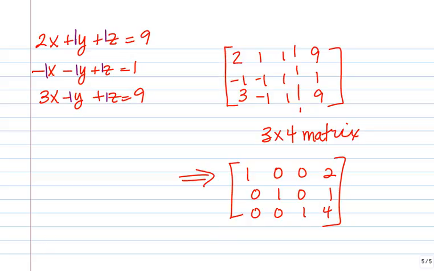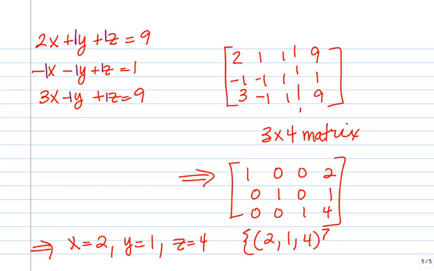Right, it would tell us that x plus 0y plus 0z, which is just simply x, is equal to 2. 0x plus y plus 0z, or just y, is equal to 1. 0x plus 0y plus z is equal to 4. So it tells us the solution of the system is a triple 2, 1, 4.